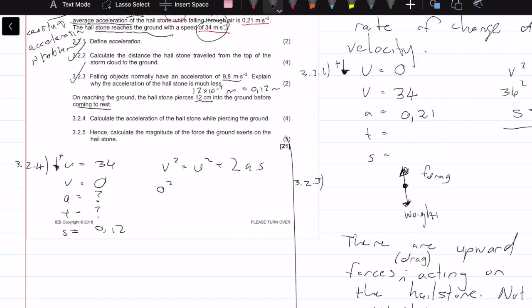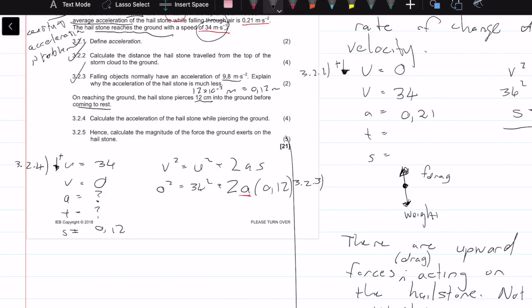V is 0 squared equals u is 34 squared plus 2 times a times 0.12. So the only unknown here is a.